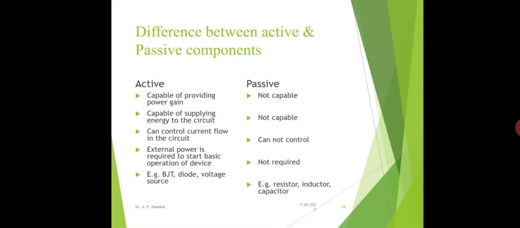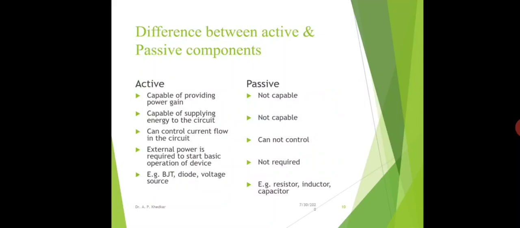Third difference is active components can control current flow in the circuit, and this is not possible in passive components. Fourth difference is active components need external power to start the basic operation of that particular device, whereas passive components do not need external power for their basic operation.